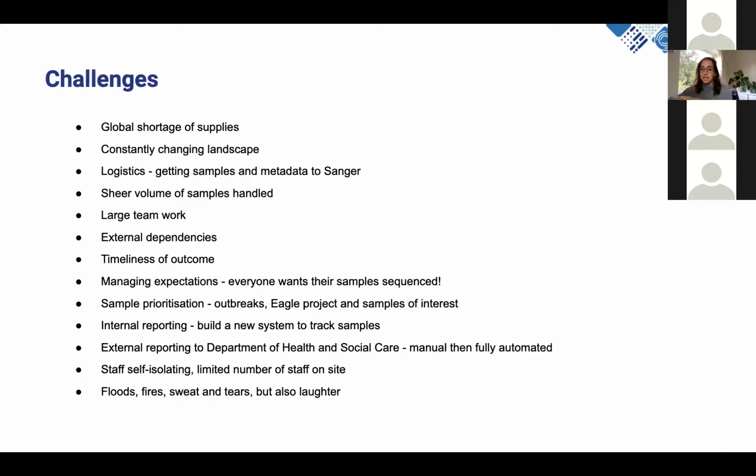If they found a P1 variant, for example, somewhere, let's say in Cambridge, they would send mobile testing units to the area, and they would do a PCR test in the neighborhood. And then the positive samples would be sent for sequencing. So that sample prioritization allows outbreaks and special samples to be prioritized at the sequencing stage.